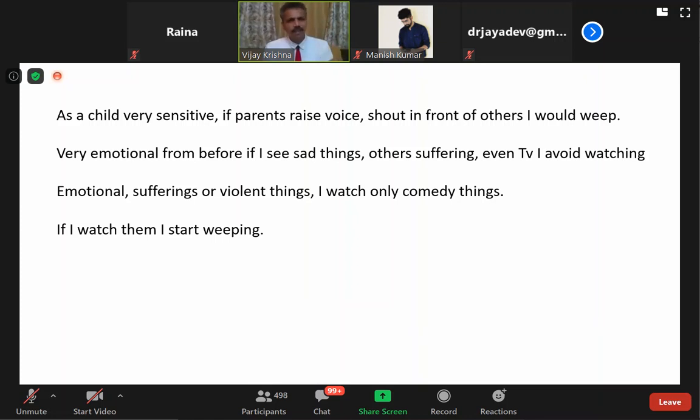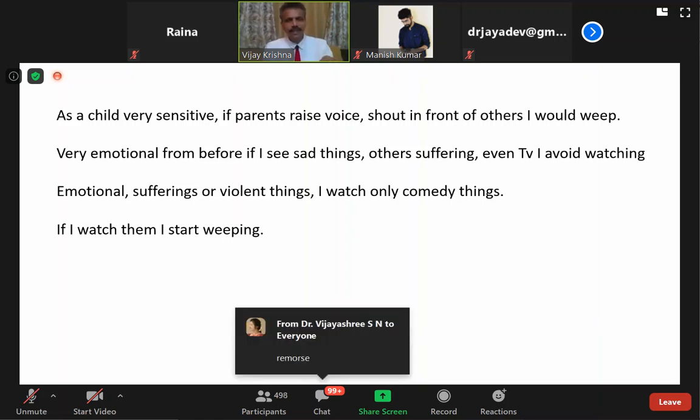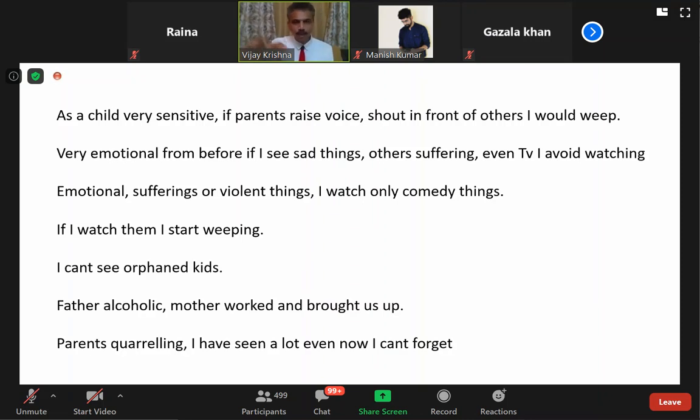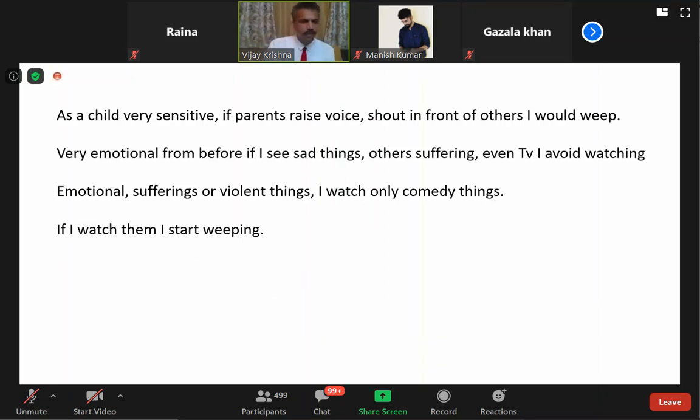Very emotional. She can't see anybody suffering. For example, an orphan on the road, or a beggar, or any emotional scenes on TV, violent scenes on TV, she can't see. She generally likes watching comedy things. If at all she is forced to watch all those things, she starts weeping.